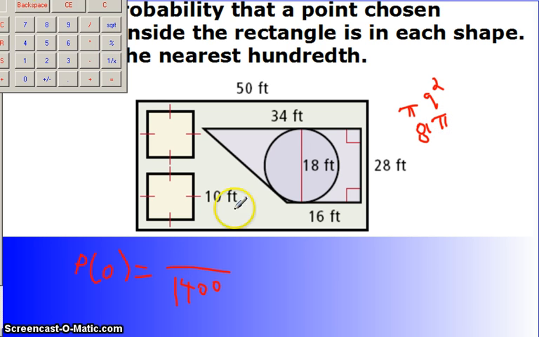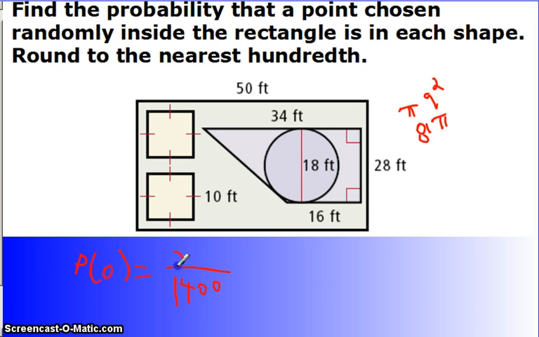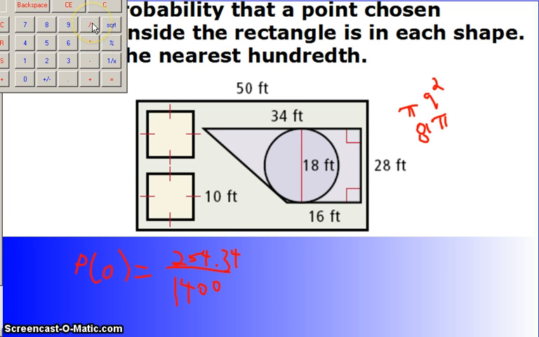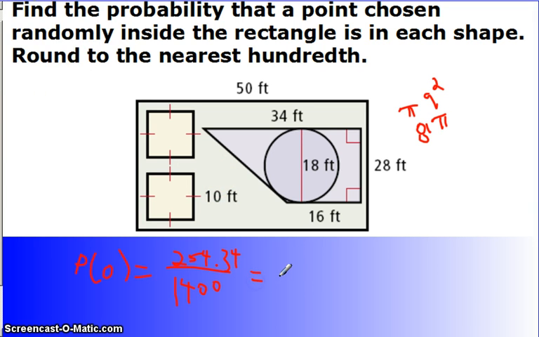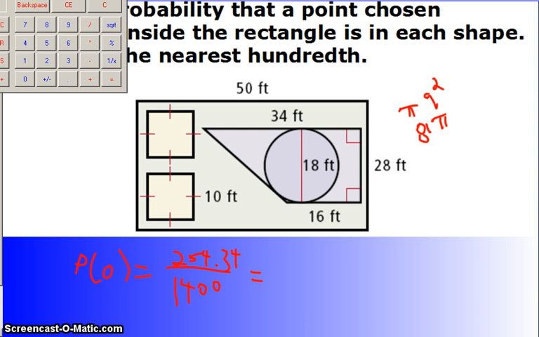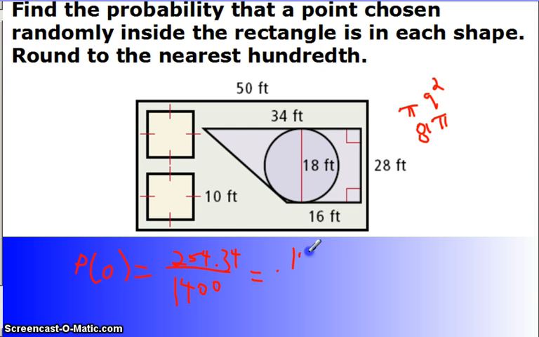So let's go to a handy dandy calculator and put 81 times 3.14 equals, so 254.34. And let's just go ahead and get a decimal form out of this. So let's divide that by the 1400. And we're going to come up with about, what, 0.18 or 18% of the time.